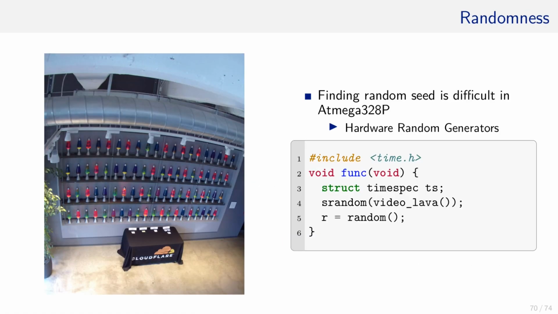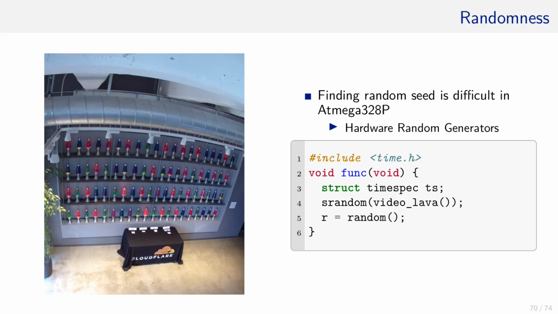And we discussed randomness earlier when we talked about secure software programming and the seed for random number generators. In the same lecture, I showed the lava lamp wall by Cloudflare used in the video feed to generate numbers randomly. Most software developers do not have a lava lamp wall and take the time as some form of seed.